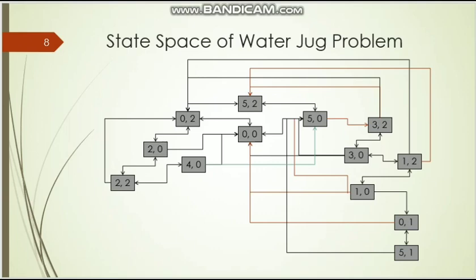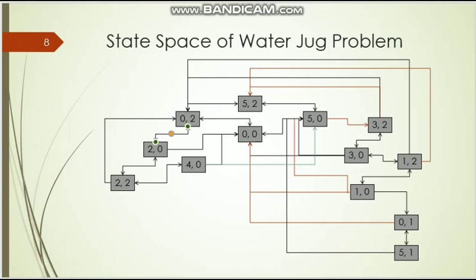That is why in both cases the arrow marks are given, so it is a bidirectional edge. In the same way, if we throw the water from the Y jar, then it would be 5,0, and if we fill the Y jar, then it would be again 5,2. So there is an edge on both sides.